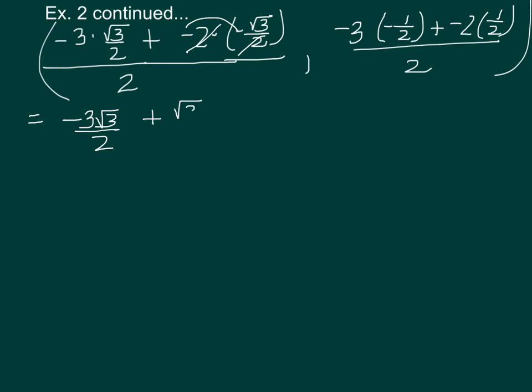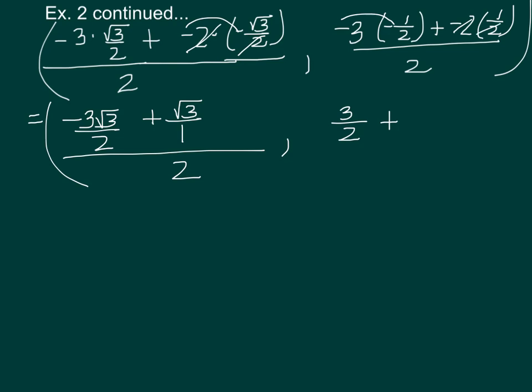Plus radical 3 over 1 all over 2. And then over here we have these two negatives make a positive. 3/2 plus, well actually it's going to be minus 1 all over 2. I'm going to do like before and multiply everything by 2.